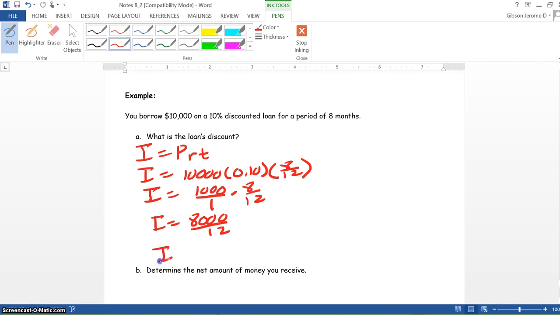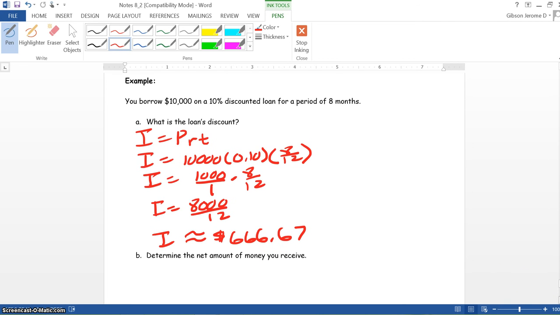Now when you put this in your calculator, it will give you approximately $666.67. Now that is the loan's discount. So instead of receiving, actually I need to write this out, but this is coming up next. Determine the net amount of money you receive. Okay, this is the discount.